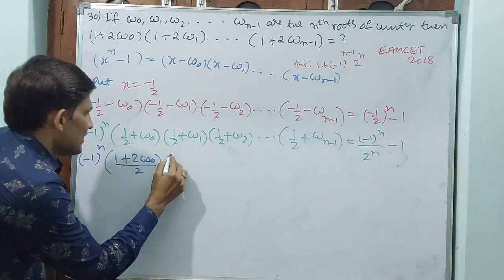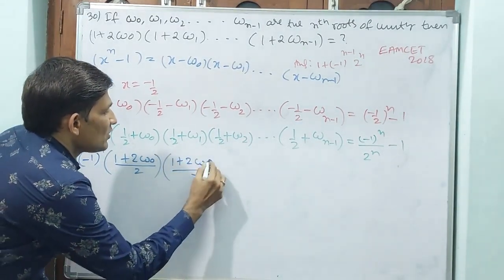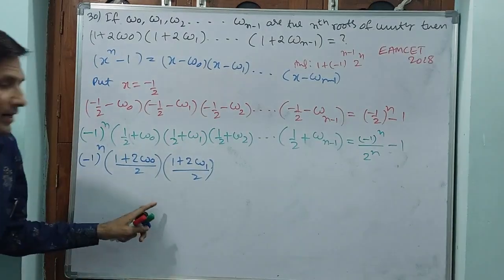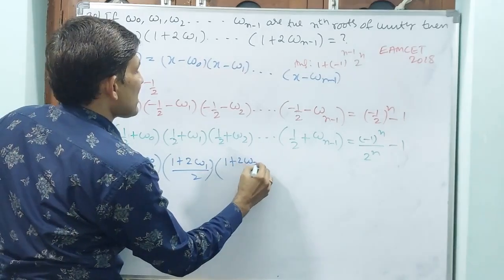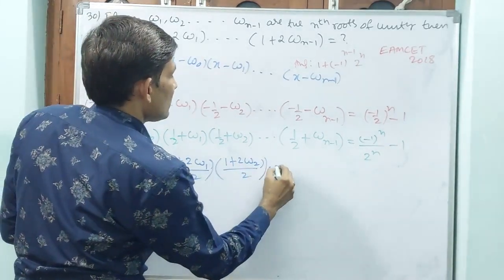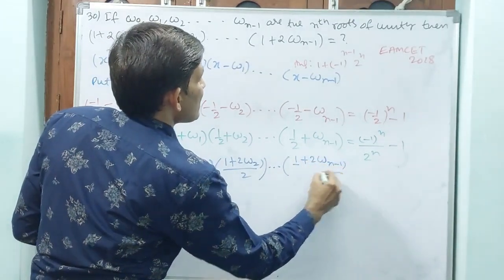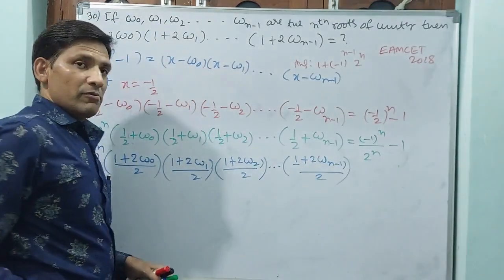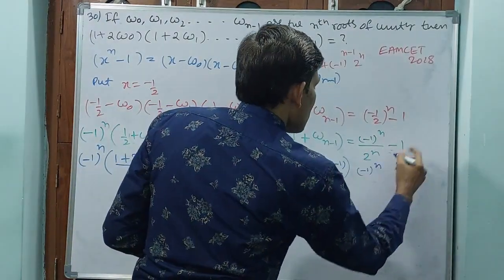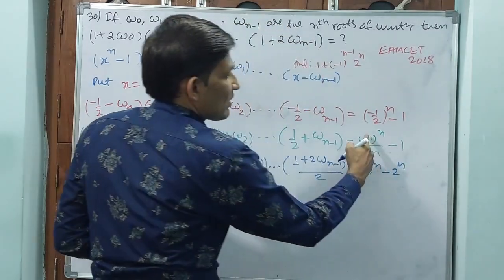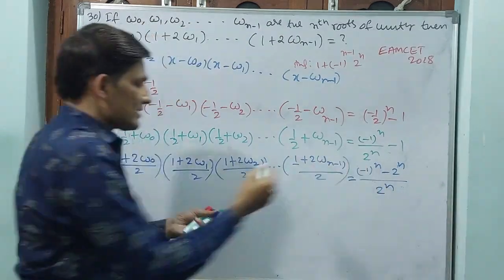Understand? 1 plus 2 omega 1 divided by 2, 1 plus 2 omega 2 divided by 2, up to 1 plus 2 omega n minus 1 divided by 2. Okay? You see here also, minus 1 power n minus 2 power n divided by 2 power n. Okay? This is equal to RHS, that is.